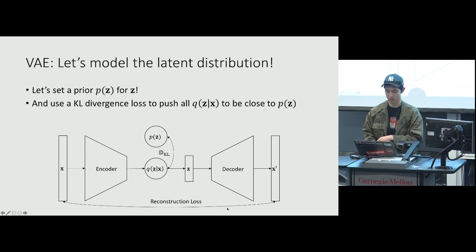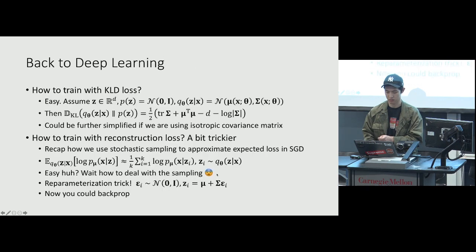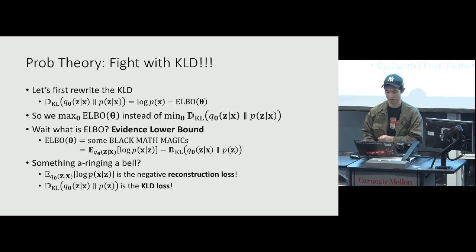For the reconstruction loss, essentially we want to consider the original sample and see its likelihood in this reconstructed distribution of p of x given z. And the second term is exactly what we have for the KLD here.